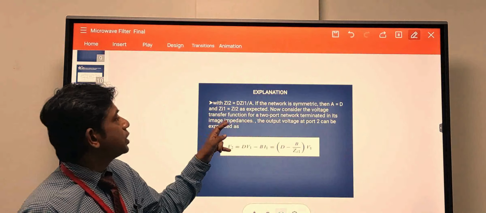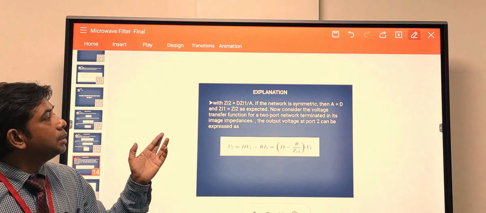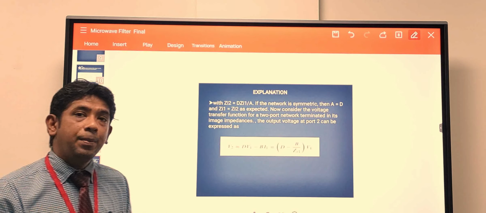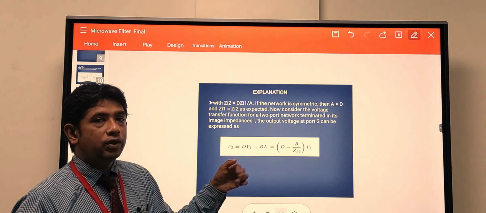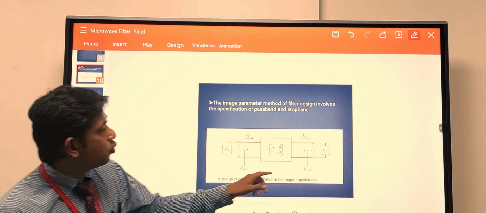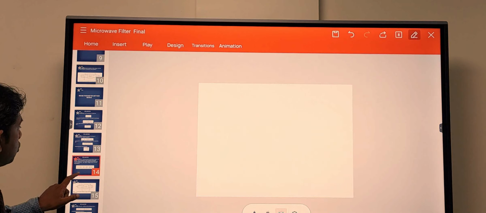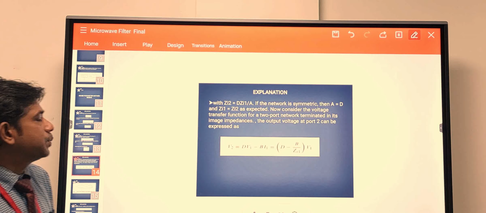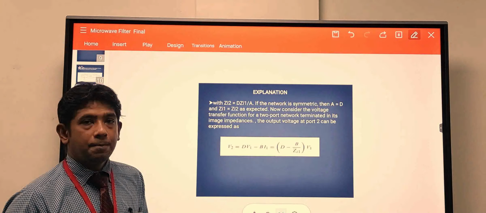Now consider the voltage transfer function for a two-port network terminated in its image impedances. What will happen then? The output voltage at port 2 can be expressed as, but what is the output voltage at port 2? The output voltage at port 2 is V2. So V2 is equal to DV1 minus BI1.